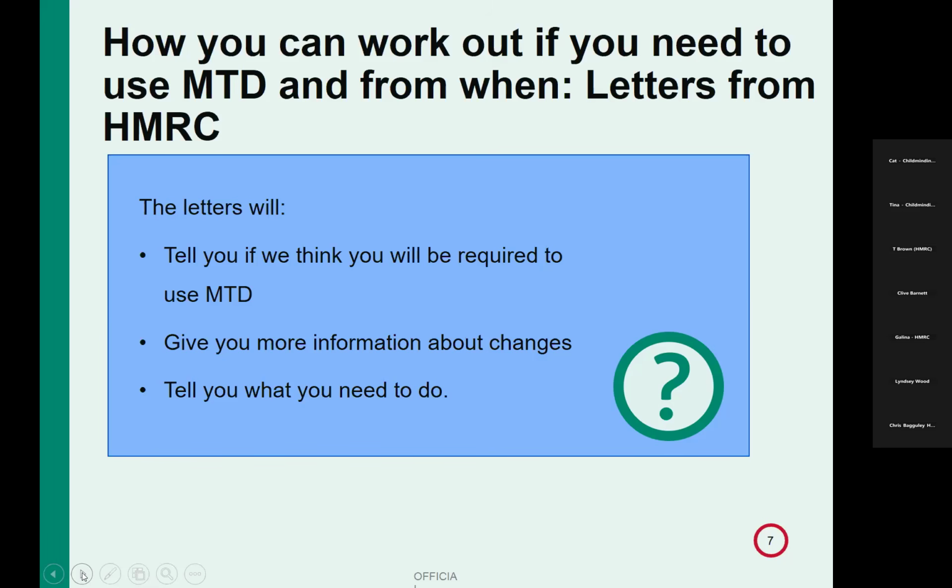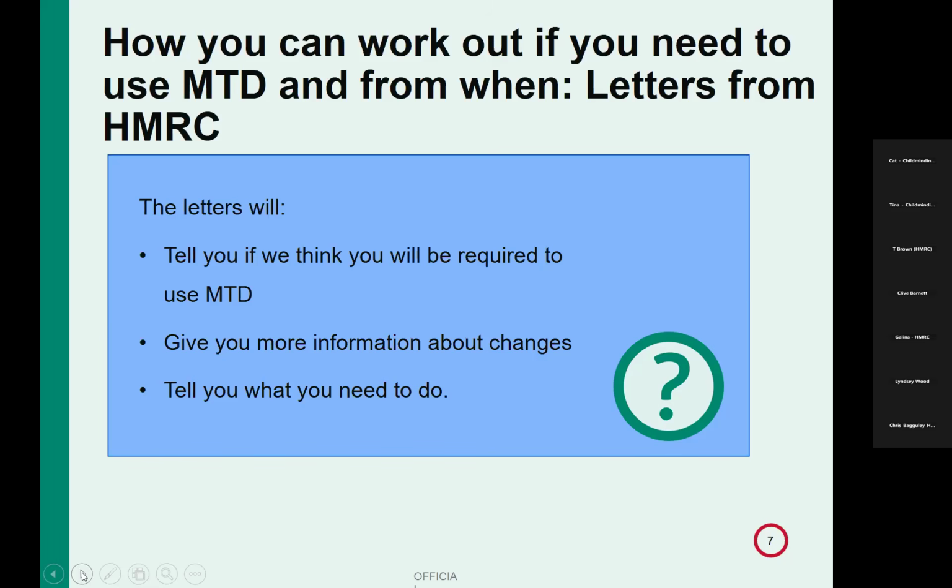And then thirdly, as stated on the screen, we don't leave all of this to you, and we are writing to those affected in tranches. With regard to this first year of MTD, which affects those with turnover of £50,000 or more from self-employment and property, we've already written to all customers who appear to fall into that category based on their 23 to 24 tax return.